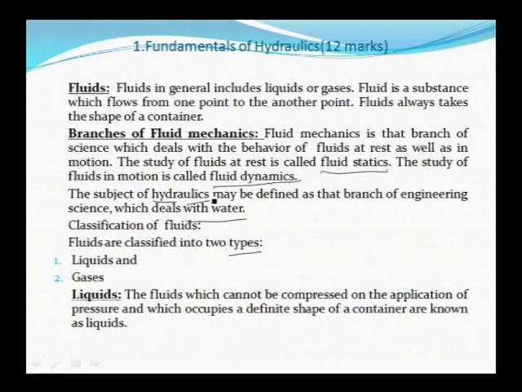Next, the classification of fluids. Fluids are mainly classified into two types. The first one is liquids and the second one is gases. So, fluids in general, we have understood, are liquid or gas. Now, liquids are fluids which cannot be compressed on the application of pressure and which occupy a definite shape of a container.